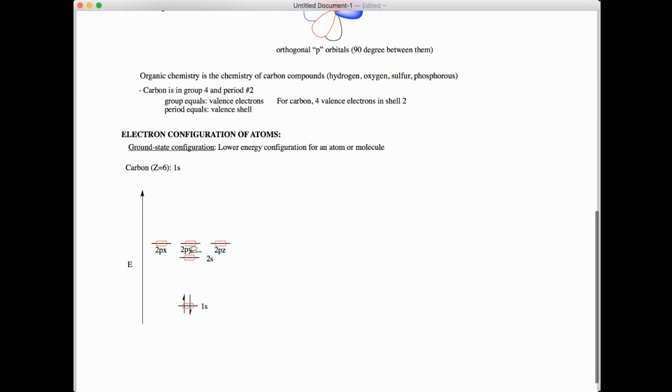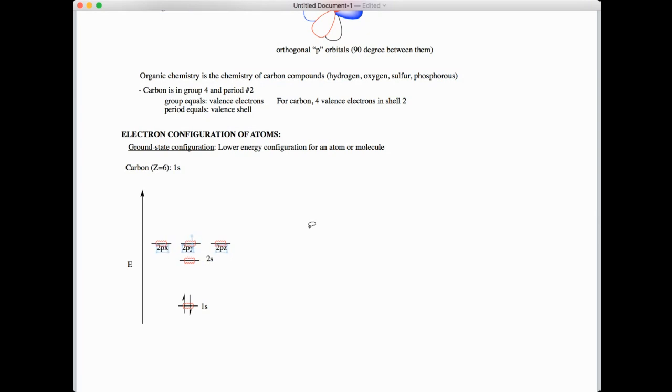Draw this slightly lower just for the simplicity of the drawing. All right, so we have 3 2p and 1s, 2s, I'm sorry. So that's 4 orbitals for shell number 2, so everything is correct.